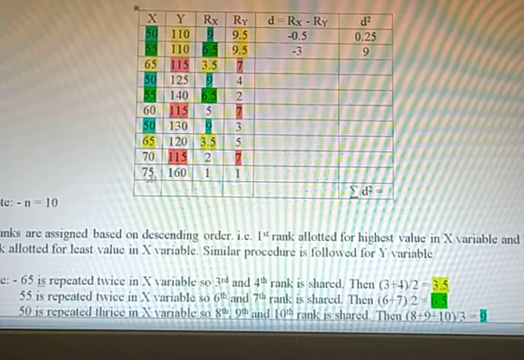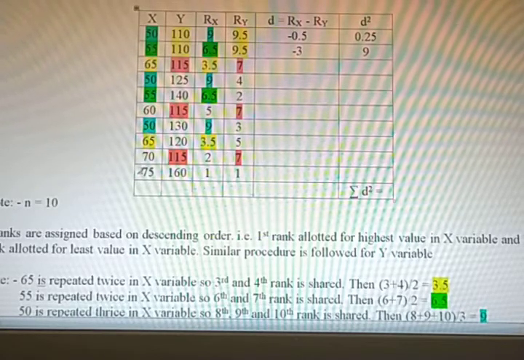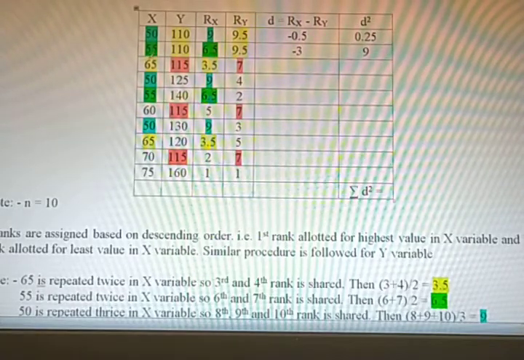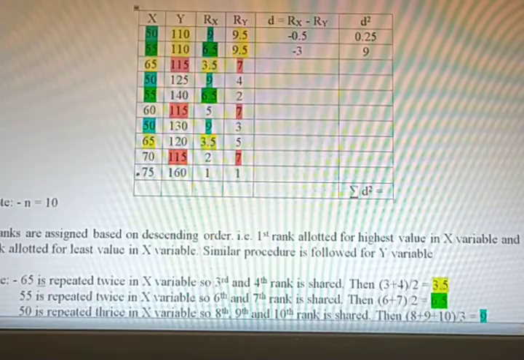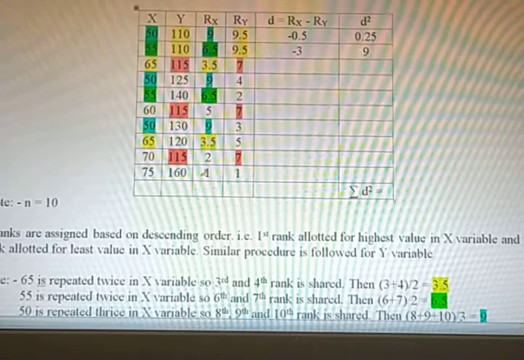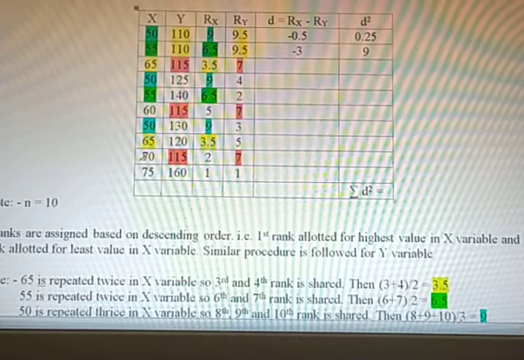For the rank of the x variable, the highest value gets the first rank and the least value gets the last rank. If you observe carefully, in this x variable 75 is the highest, so we have allotted it first rank. 70 is the second highest value, so it gets second rank.